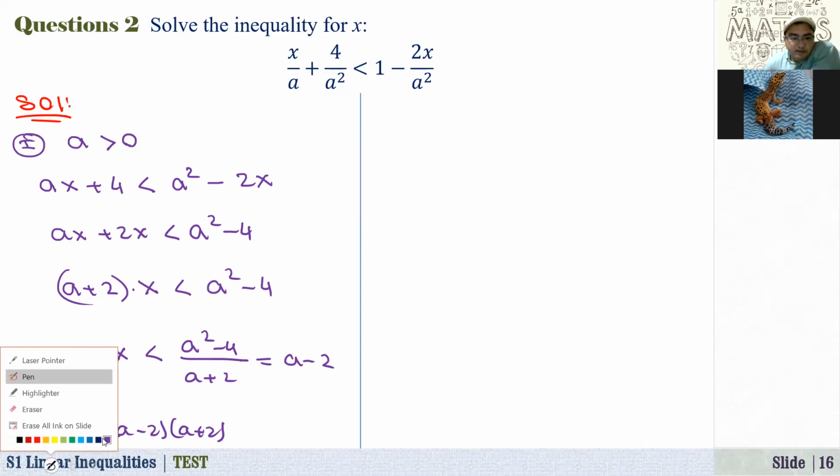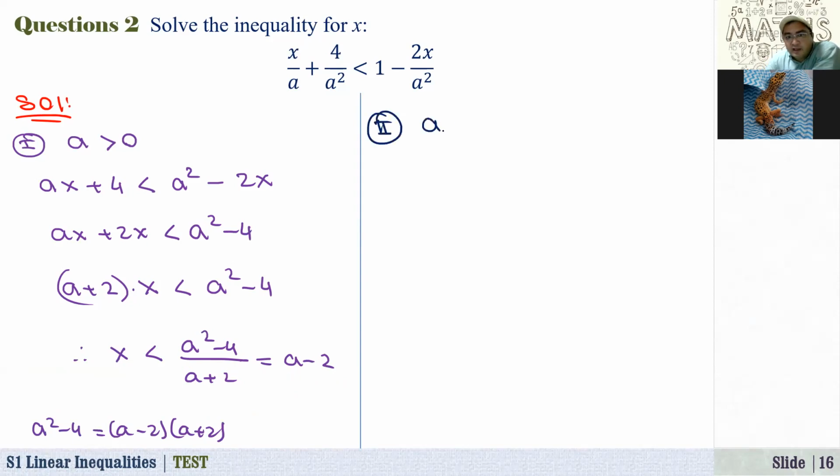Now the second case: suppose that a is negative. So now, even if it is negative, right? If you multiply both sides by a squared, this a squared will still be positive. So it does not change anything here. If you just simplify this, until here, it does not change anything.